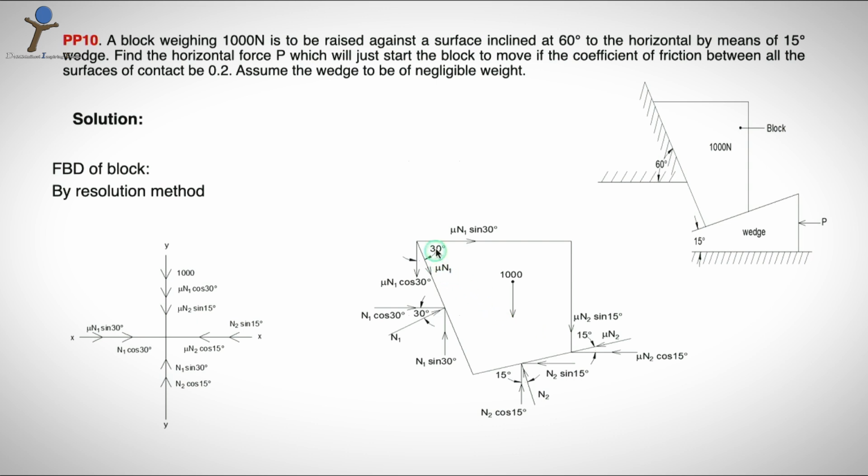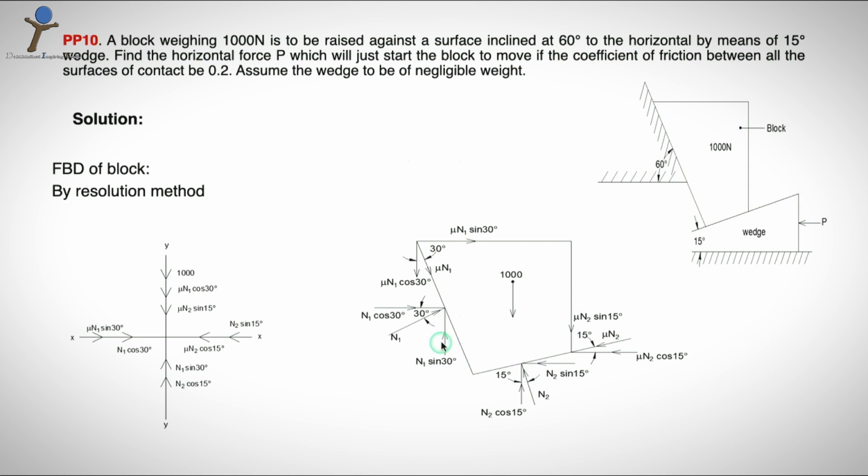Then this edge of the block is resting against the inclined surface of 60 degrees. So the surface will be creating a reaction force on the block, represented as N1.